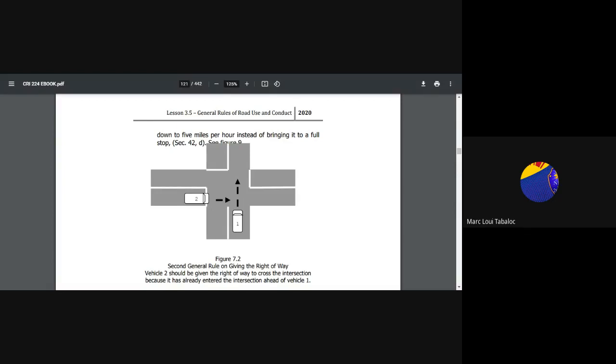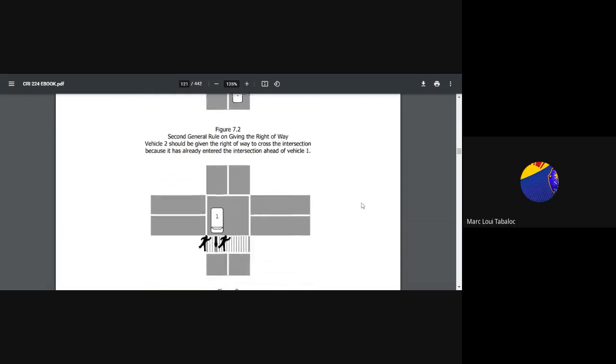Whoever has already passed and entered the intersection, the imaginary box, will have the right of way. At that instance, vehicle 2 got there first. So vehicle 1 has to yield, a temporary stop to give way to vehicle 2, because vehicle number 2 was the first to enter the intersection.